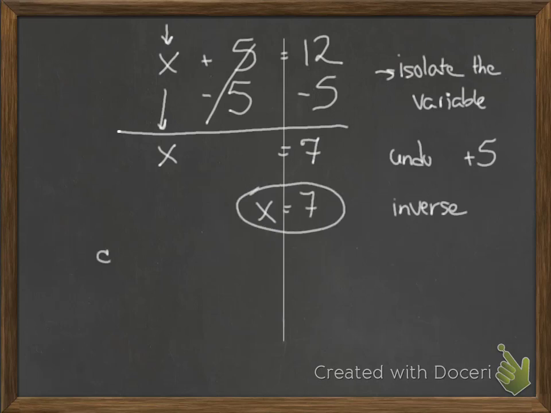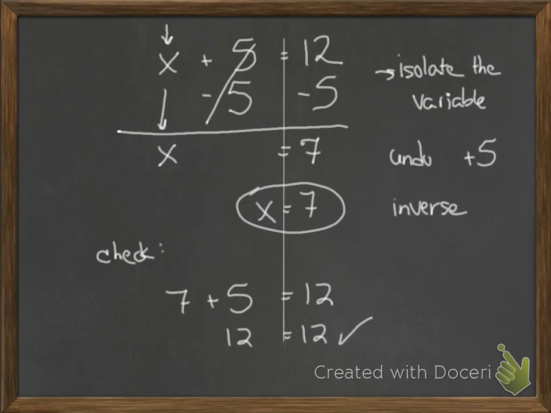Remember, you can always check your work by putting that number back into the equation. Does 7 plus 5 equal 12? Is that true? Absolutely. 7 plus 5 is 12, and 12 equals 12. So you can always check your work using mental math or a calculator to verify your answer.